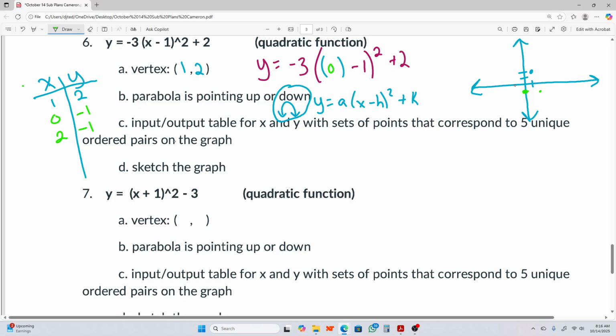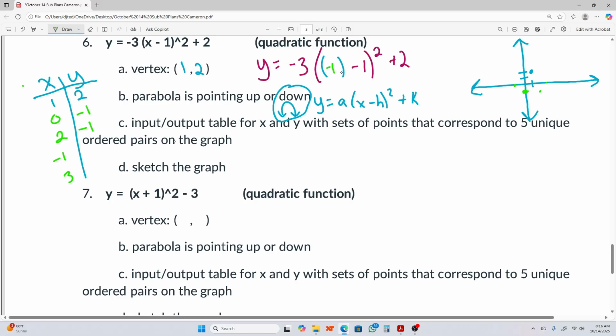Now I can check when x is negative 1. It's going to be the same as when x is 3. I'm going to get the same y value here. I only need to check one of them. So I'm going to change this to either a negative 1 or a 3, because you're going to get the same thing. It doesn't matter which one you pick. So I'll take the negative 1 on the calculator. Negative 1 minus 1, that's negative 2.